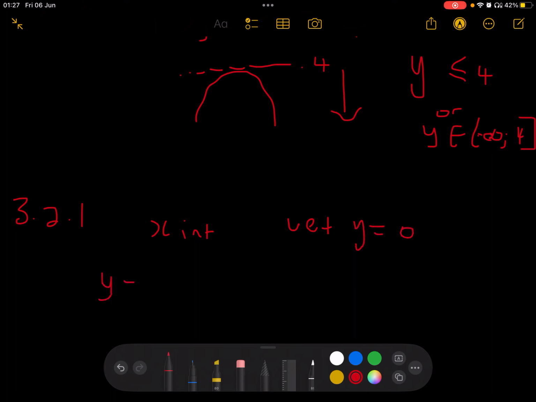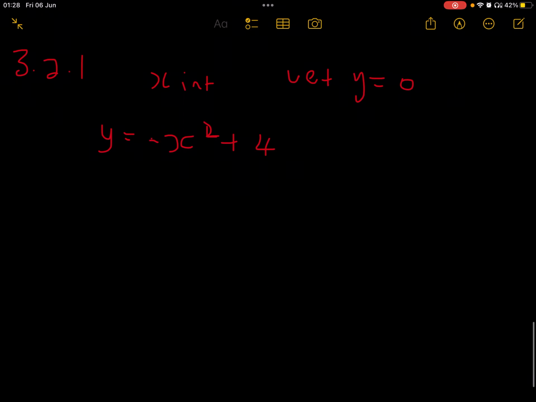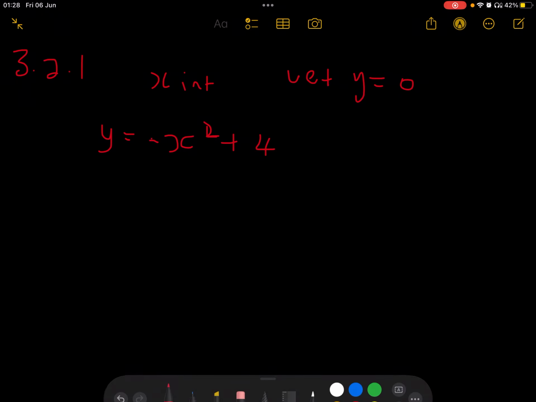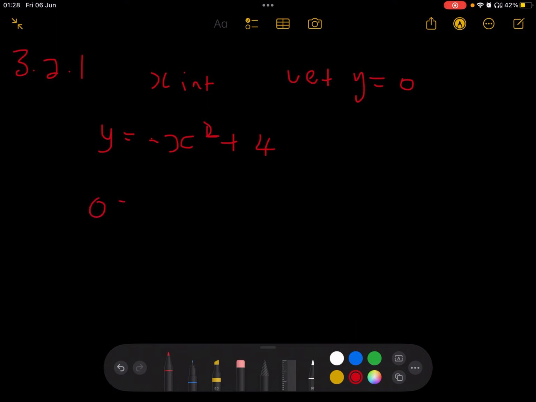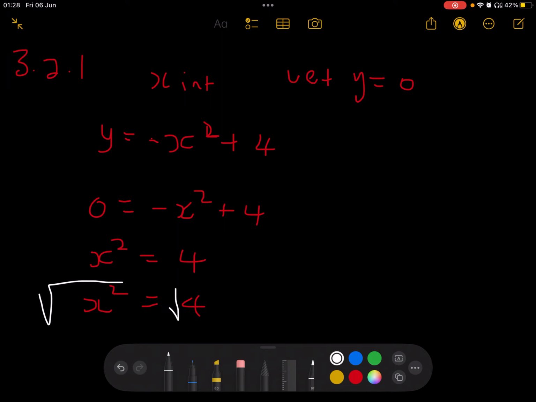So we know that y is equal to negative x squared plus 4, and this is 0 is equal to minus x squared plus 4. And thus we take negative x squared to the left, which is equal to 4. I like to rewrite this in order to apply my square root properly, and I must remember to put plus or minus.